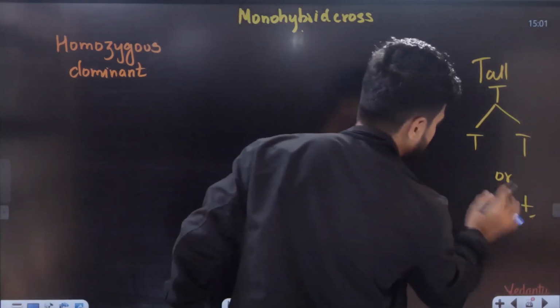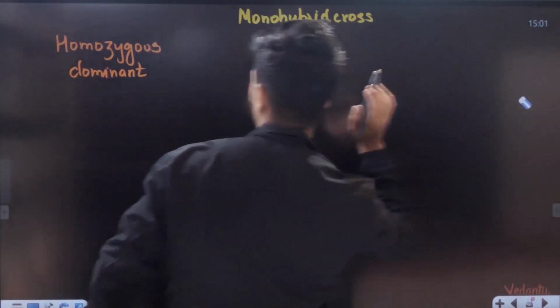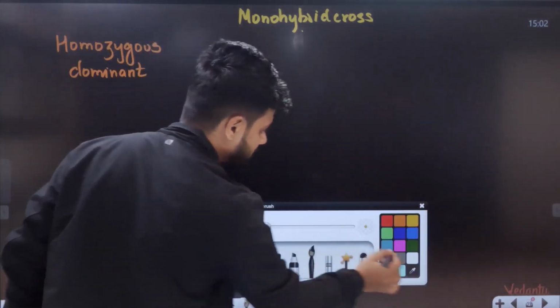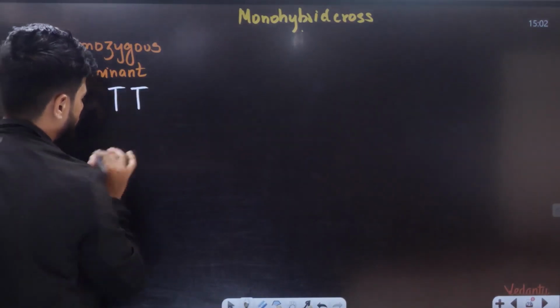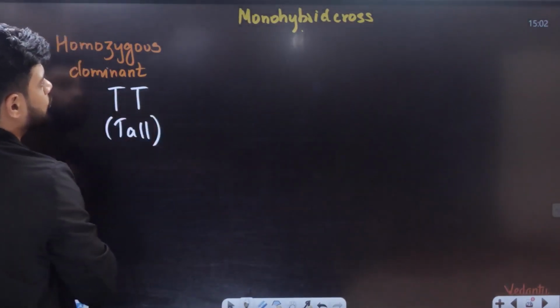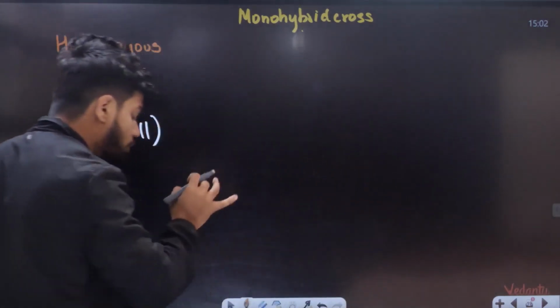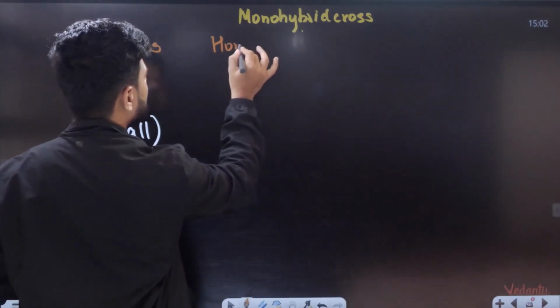Now understand students, we'll come back here. The first one is called homozygous dominant, let's say capital T, capital T. This is for tallness. This is tall. The other one is homozygous recessive.